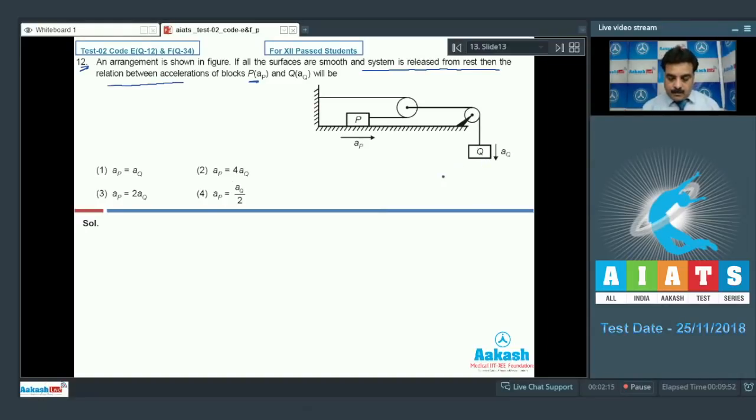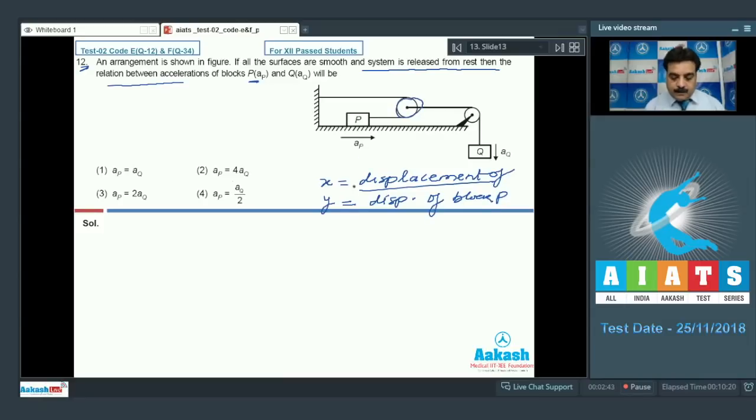Let's suppose X is the displacement of the movable pulley and Y is the displacement of block P.